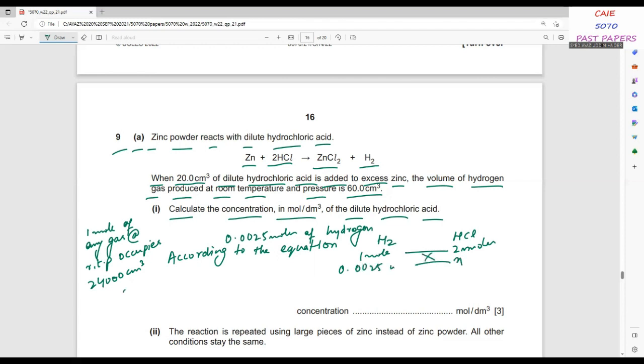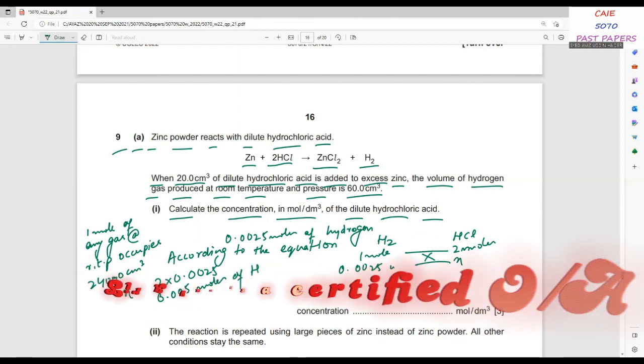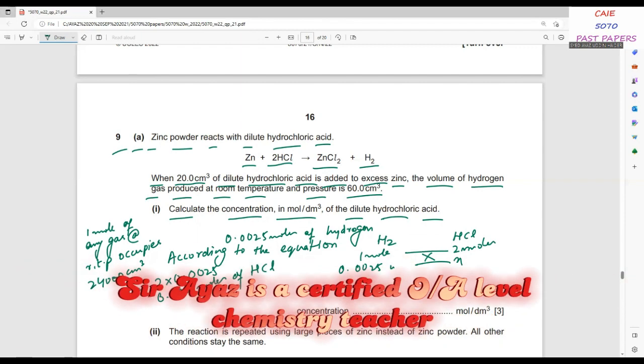So X is equal to 2 multiplied by 0.0025, which is 0.005 moles of hydrochloric acid, or HCl. Now the volume is given.